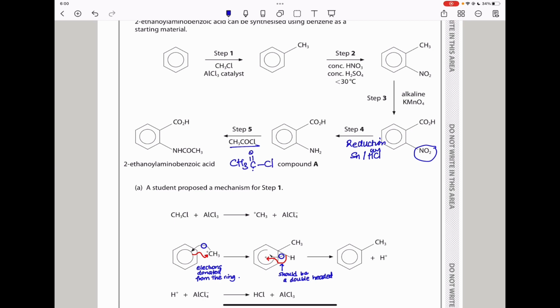This carbon here is electron deficient, and that is partially minus. So there is a polarity within this bond, yet this nitrogen has a lone pair of electrons. So the electron deficient carbon at the center is going to receive electrons from the electron rich nitrogen, and that is going to initiate the reaction as this one goes away. So that is where I'm going to begin my explanation from.